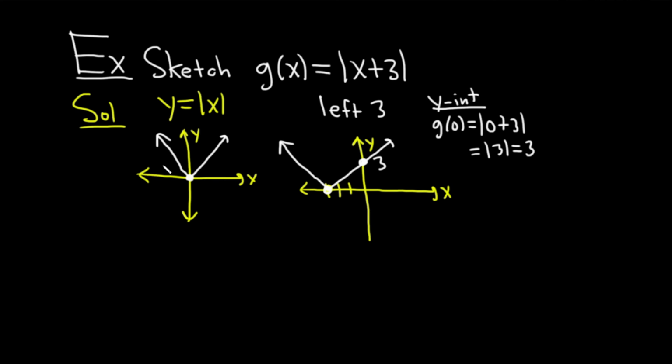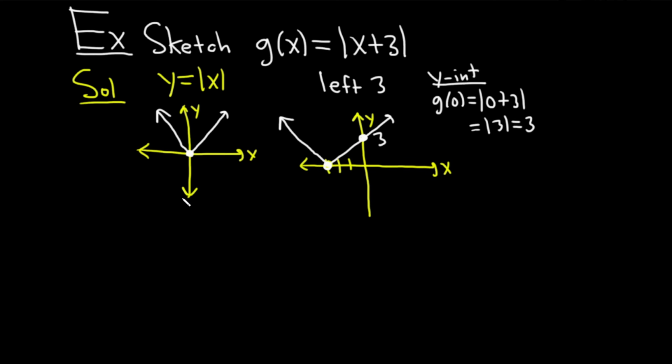I should emphasize, just so you know for future problems, let's do a couple more examples of shifting so you make sure you got it. Let's say we had the absolute value of x minus 2. In this case, you're subtracting from the x, so you want to go right 2. If you had the absolute value of x and then the plus 2 on the outside, it would be up 2.